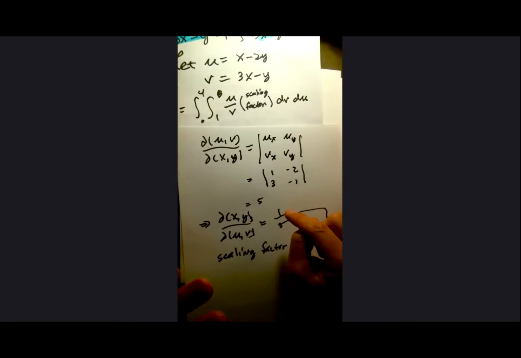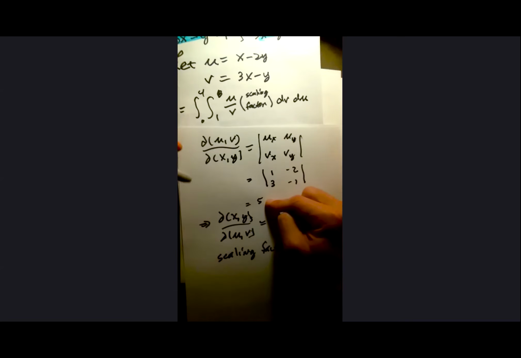So why do we always flip the Jacobian again? Because think about the way scaling works: doubling things or halving things is just a matter of which direction you're going. This 5 represents what would be the scaling if we started in a UV world and ended in an XY world. But we're starting in an XY world and ending in a UV world.